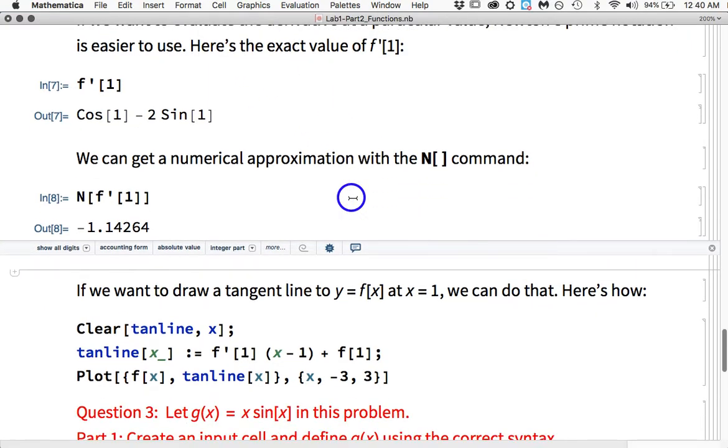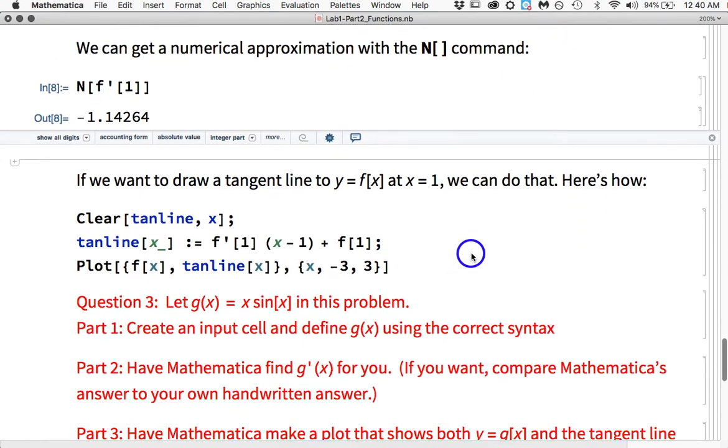Of course, a classic Calculus 1 problem is drawing tangent lines. This input cell here gives all of the information that you need for making Mathematica draw a tangent line to a curve. You'll notice that we're going to clear the word tan line because I'm going to use that for the name of my tangent line, and x our variable.